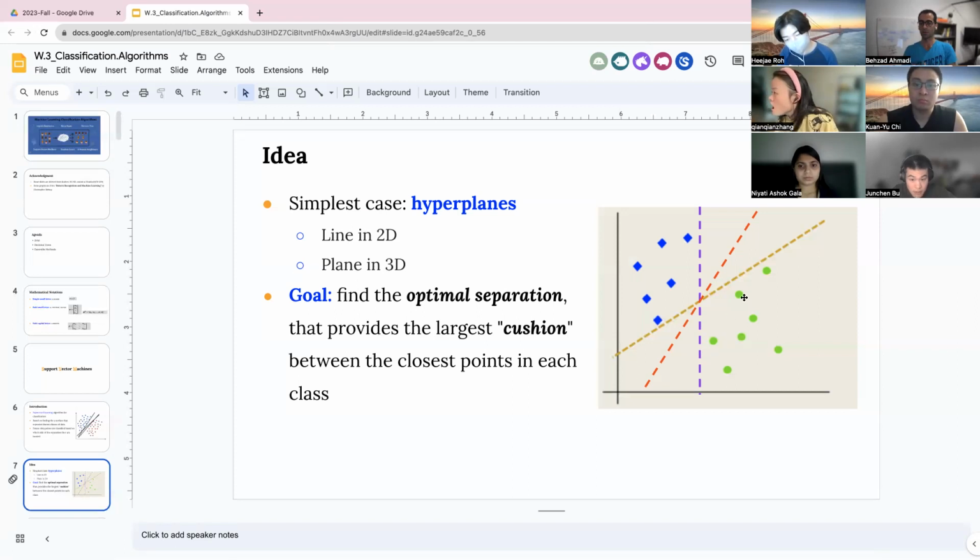In the class of green, one of these two are probably the closest to the blue. And among the blues, probably either this line, this one, or this one are the closest to the other class, right? From a Euclidean distance perspective. SVM tries to find the optimal separation such that it provides the largest cushion between the closest points in each class. Any question here?